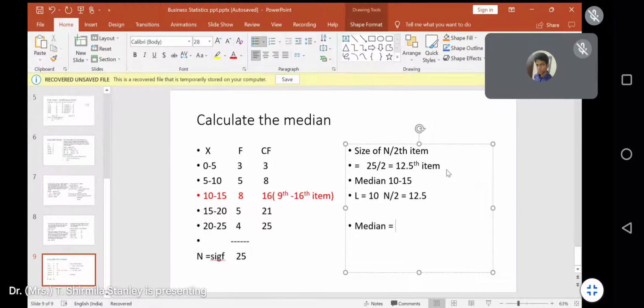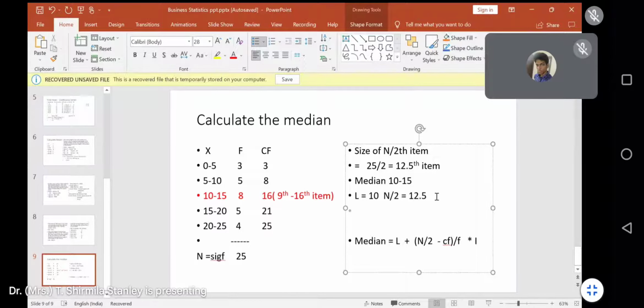So median formula will be L plus n by 2 minus CF, by F, multiplied by I. So this is going to be the median formula.